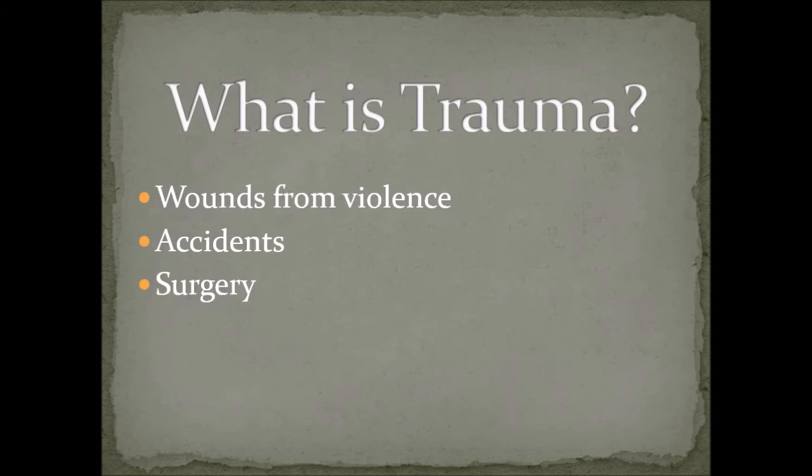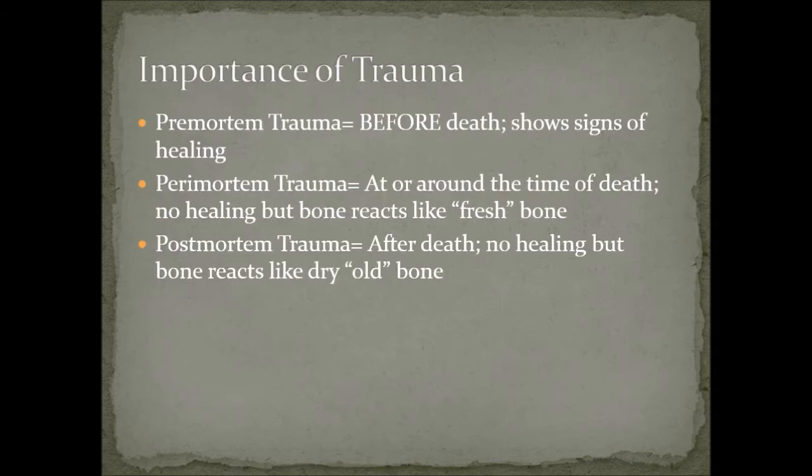Now, we have a specific term for violence between people, which is, if there's an aggressor and a victim, we call it interpersonal, meaning two people are involved or more than one person. There is also violence against oneself, like suicide. There are also things like accidents and surgery, which are not violence. And remember, not all trauma is violence.